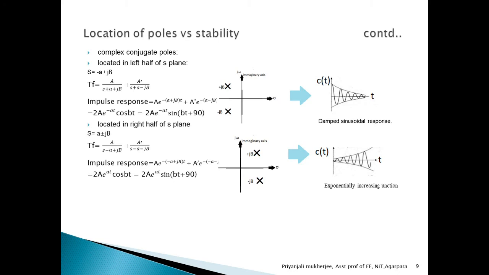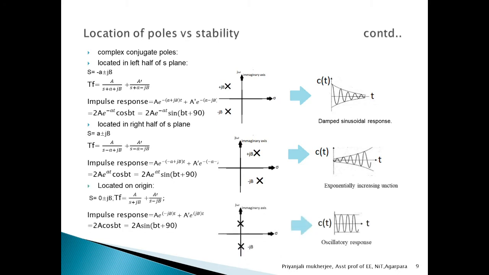And next, we'll consider both poles located on the j omega axis, at 0 plus minus jb. The transfer function becomes A by (s plus jb) plus A star by (s minus jb), and the impulse response is 2A cos(dt), which is an oscillatory response. That means it is marginally stable.